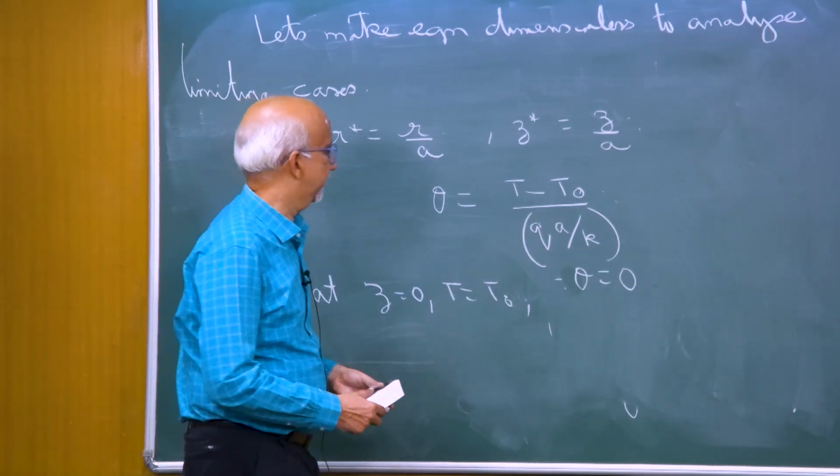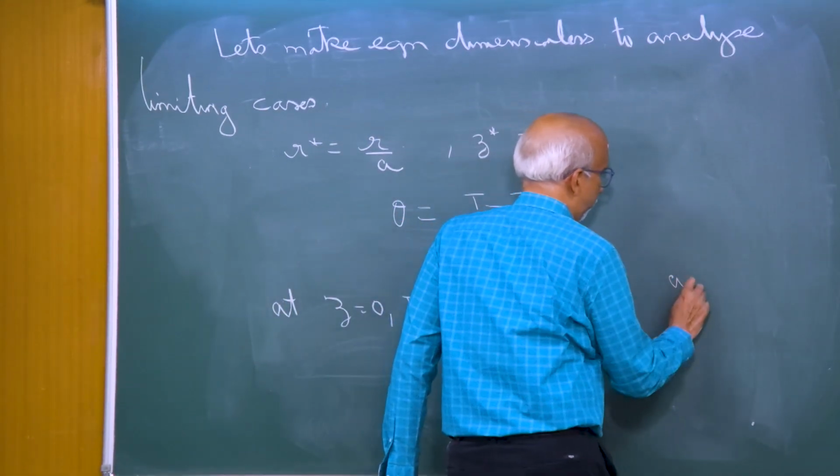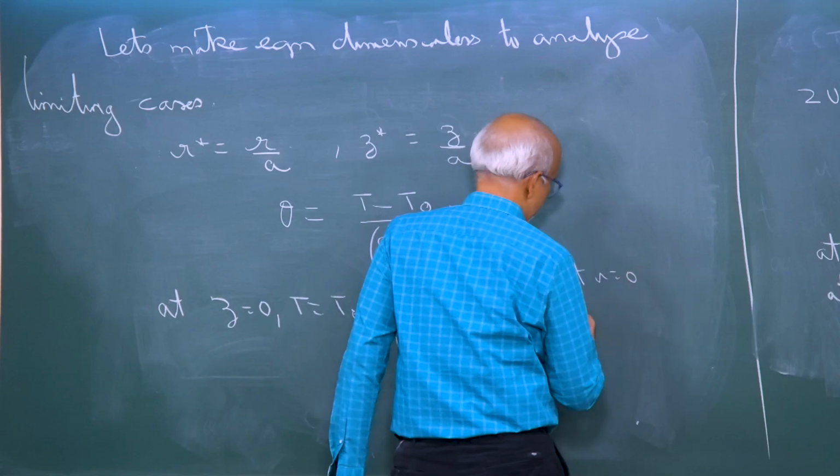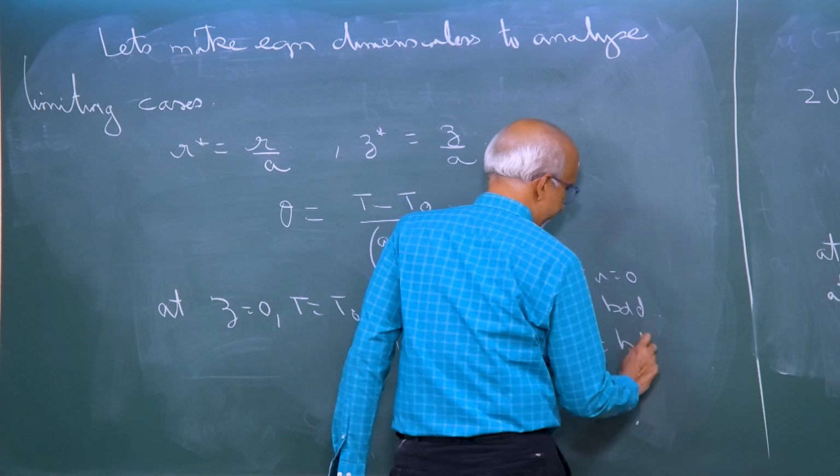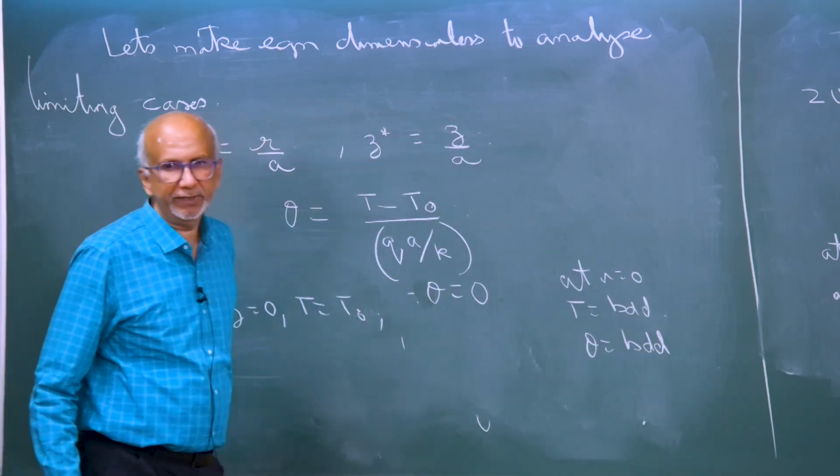What about the other boundary conditions? Of course, T is bounded at r equal to 0, so theta is also bounded. Bounded means finite, it is not becoming infinity.